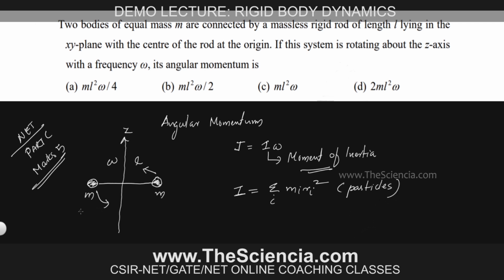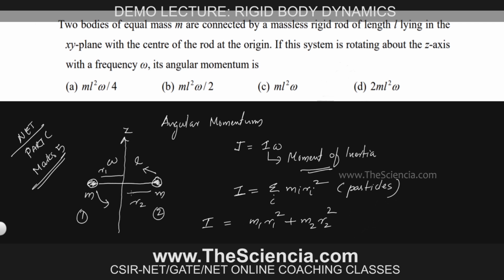So this is the first particle and this is the second particle. So I is equal to m1 r1 square plus m2 r2 square, where r1 and r2 are the radii.